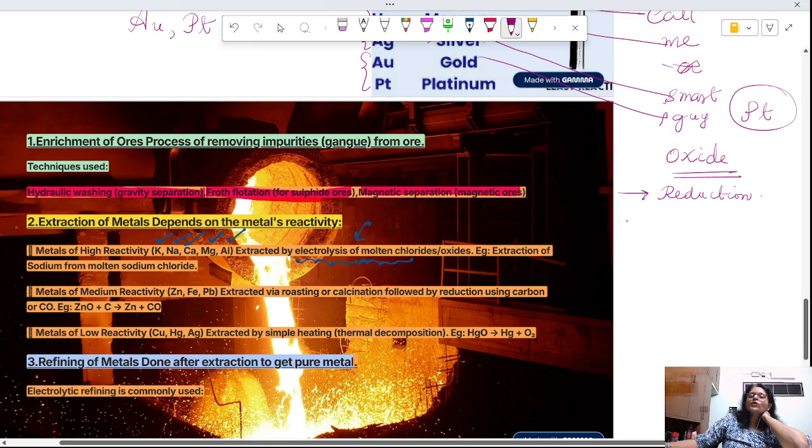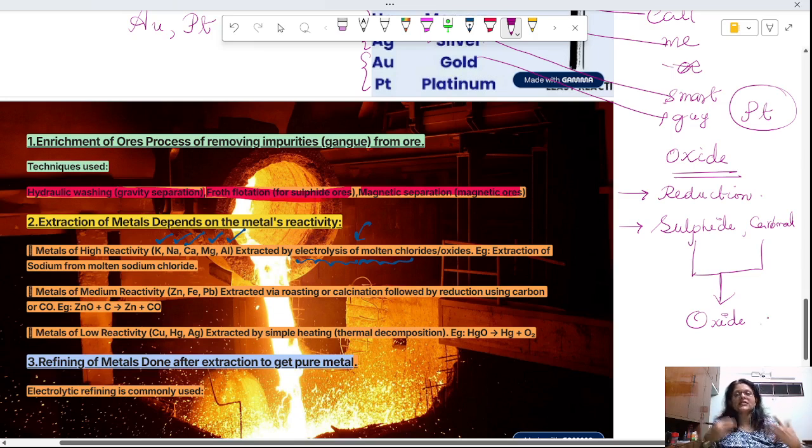So first, the ores which are in their sulfide form or carbonate form are first made to undergo some kind of reaction, and changed into oxide ores.